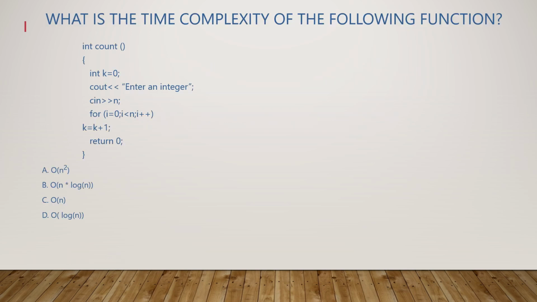Question number 1: what is the time complexity of the following function? The function given below: int count, int k = 0, cout "enter an integer", cin >> n, then there is a for loop, i = 0, i < n, i++, then k = k + 1, return 0.